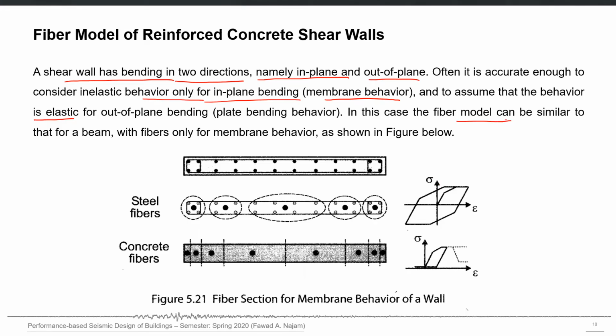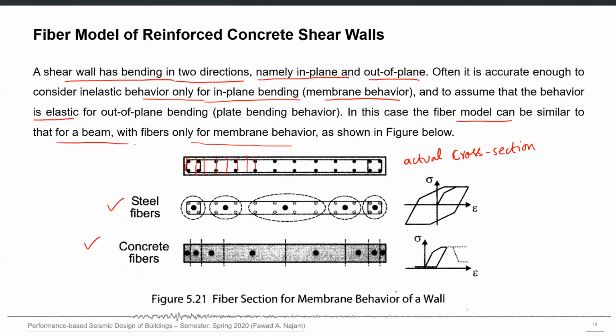So the fiber model can be similar to that of a beam, with fibers only for membrane behavior, as shown in the figure. This is the actual cross-section of a shear wall leg. What we did is divide the cross-section along the length into concrete fibers and steel fibers.